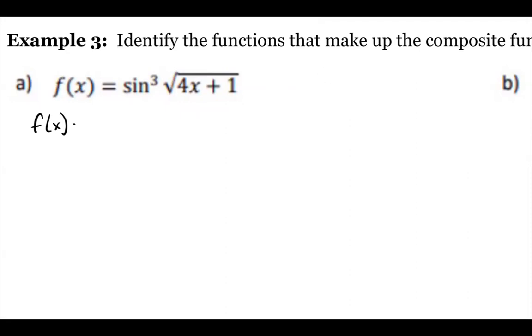I'm not doing anything right now, I'm just rewriting it. So sine of root 4x plus 1, the entire thing is cubed. So it means whatever I get as an answer, sine of that angle, I'm going to cube that.